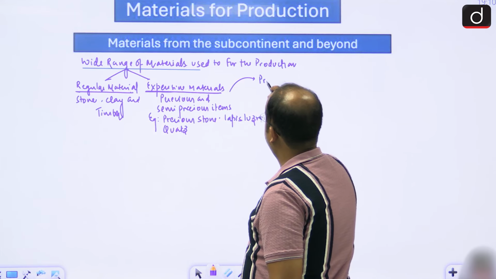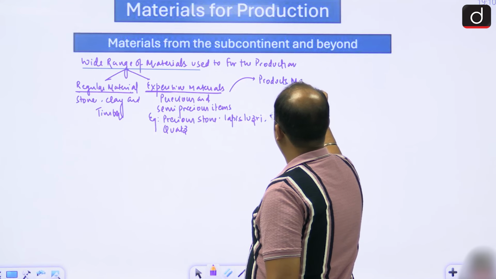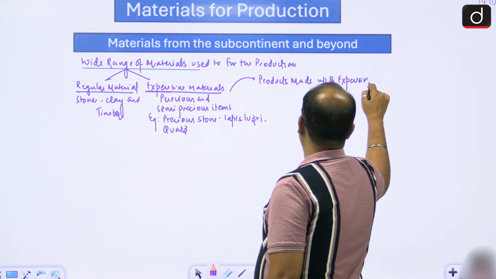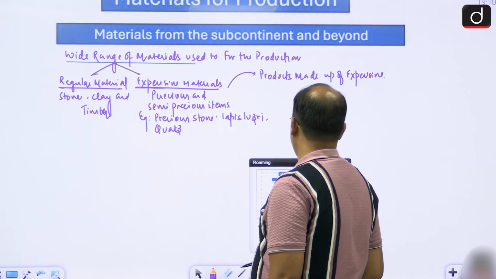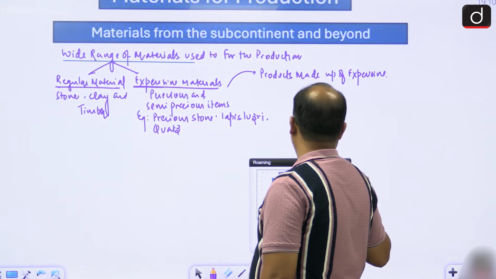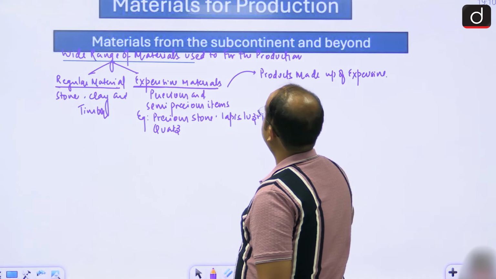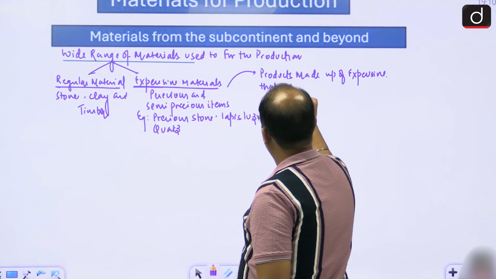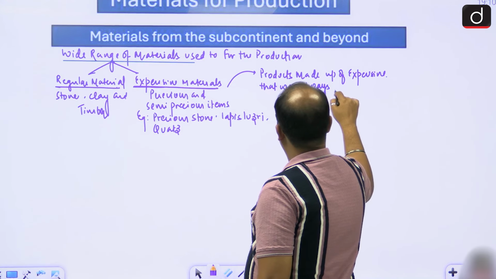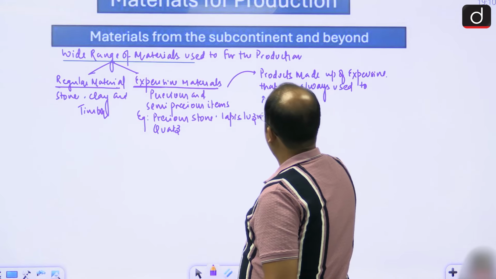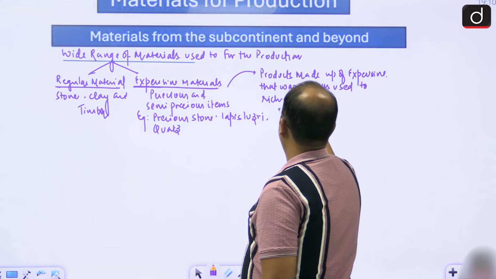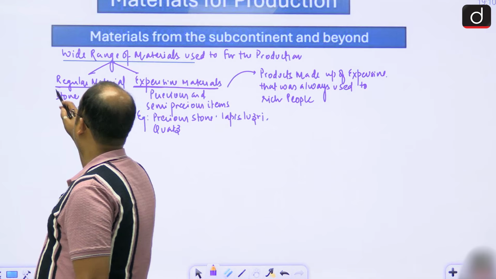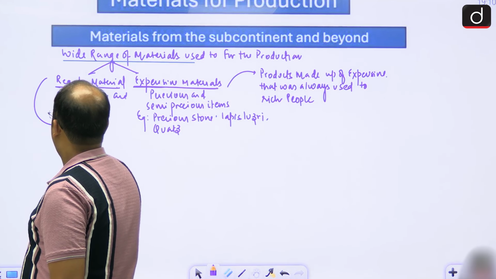So the products made up of expensive materials were always used by rich people, and the products that were made by the regular material were used by the common people.